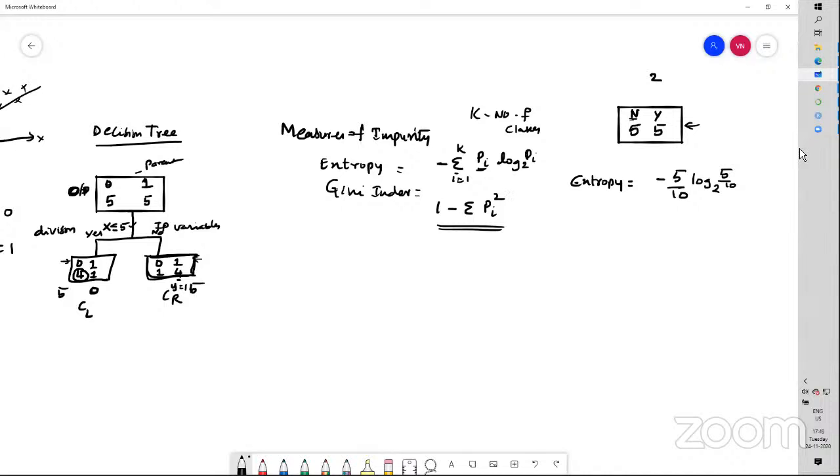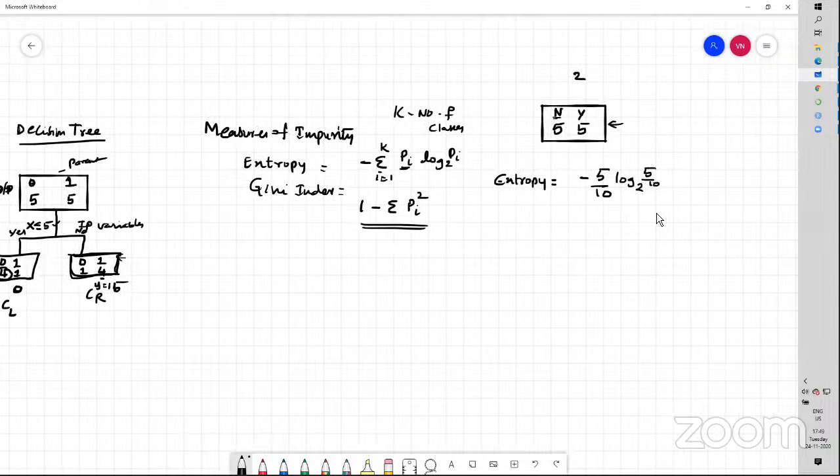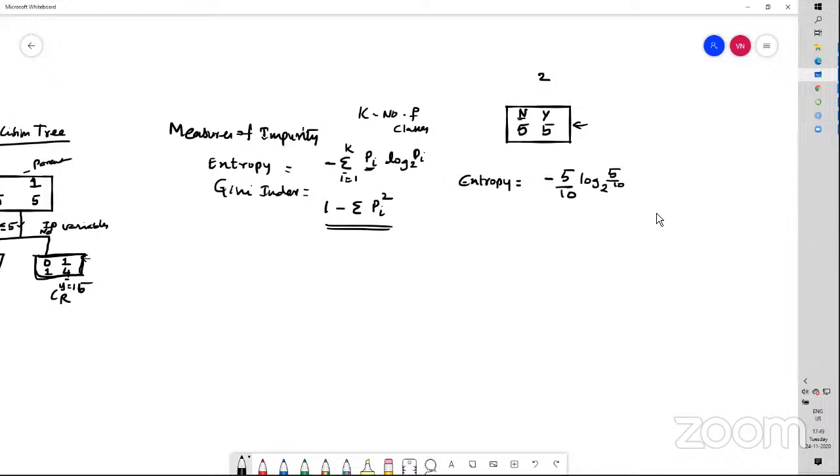Similarly, we have to do it for the S class, sigma i equal to 1 to k. So again minus 5 by 10 log of 5 by 10 to the base 2. That is for the S class. So what happens here? Minus 1 by 2 log 1 by 2.